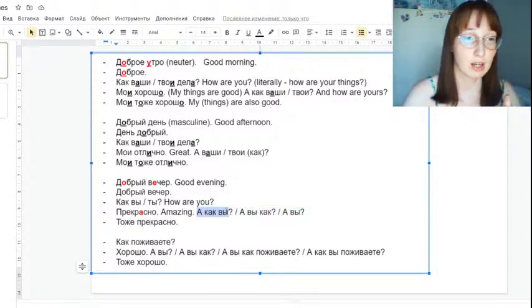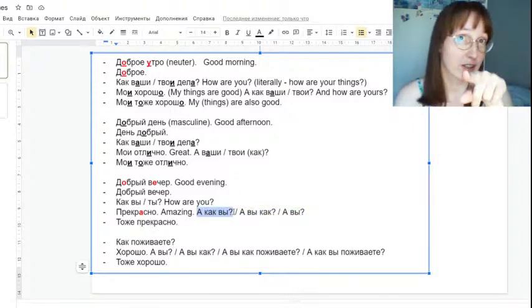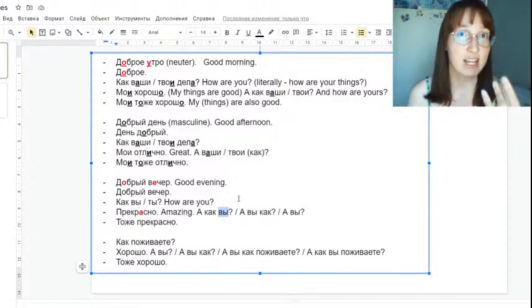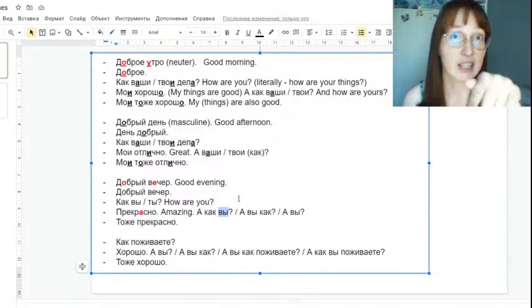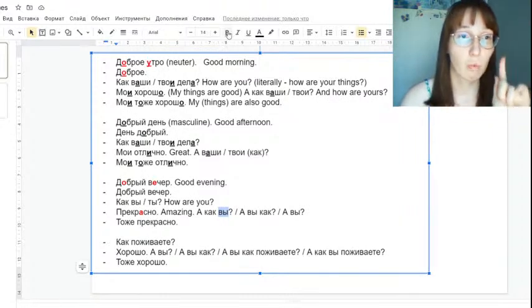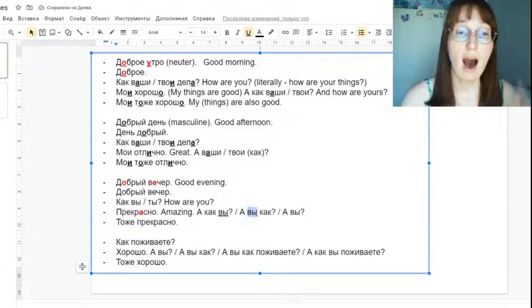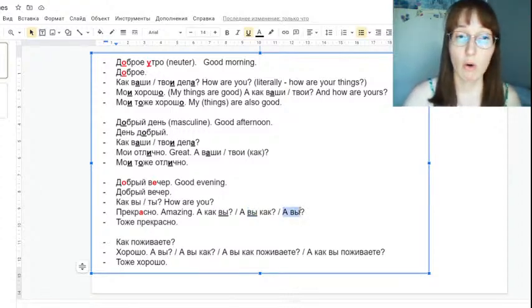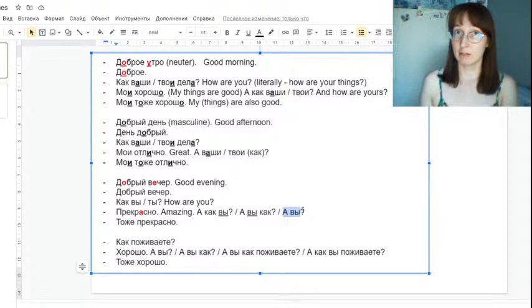The first way. А как вы? А как вы? And by the way, guys, look. Our intonation. А как вы? We mark a word вы. Or а вы как? Again, the intonation. We mark a word вы. Or just а вы.